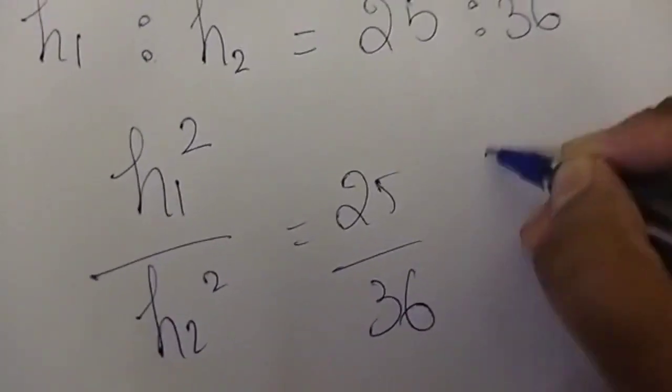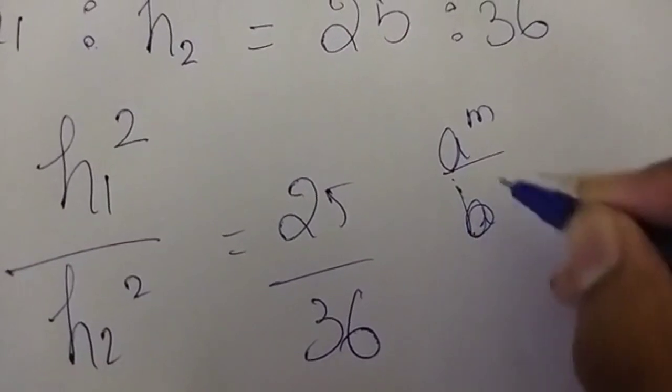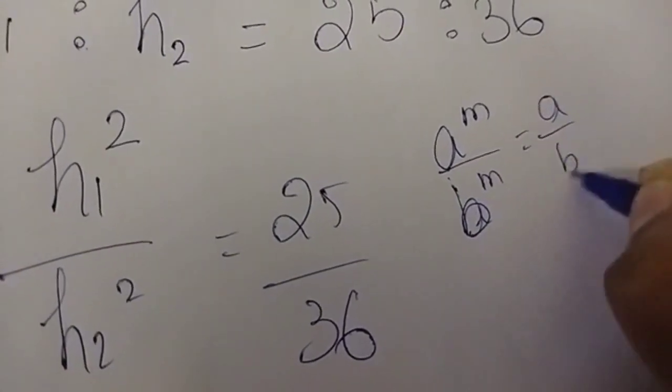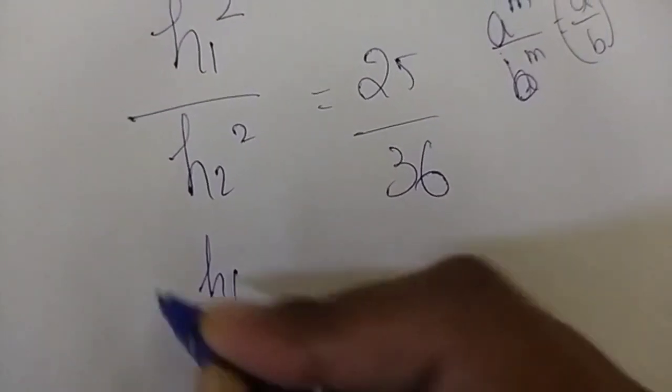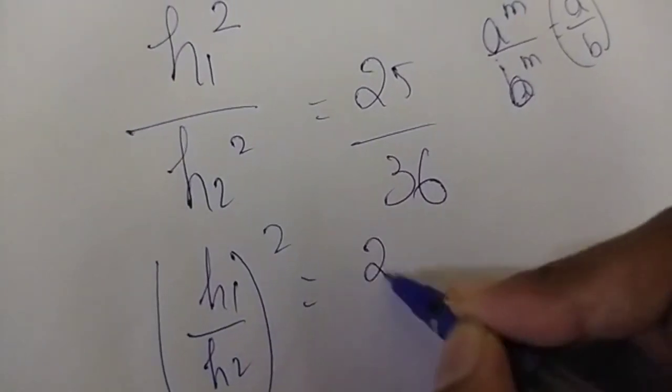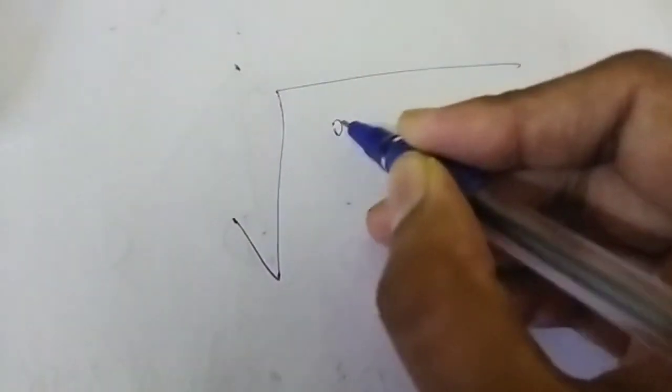a power m by b power m is equal to a by b whole power m. So we can write h1 by h2 whole square is equal to 25 by 36. The square coming this side becomes square root. Square root of 25 by 36.